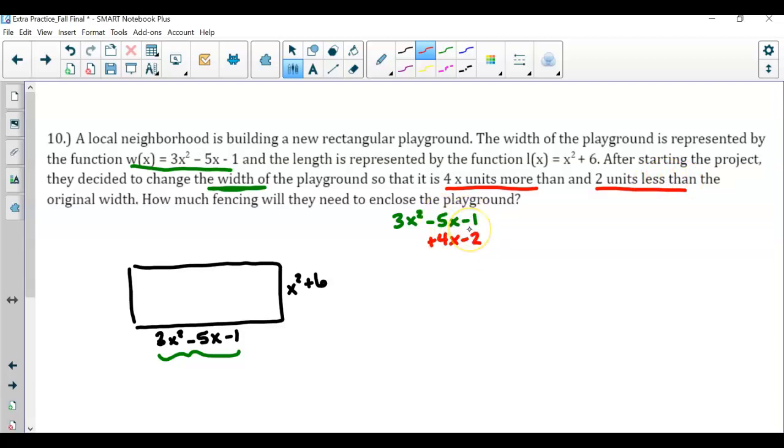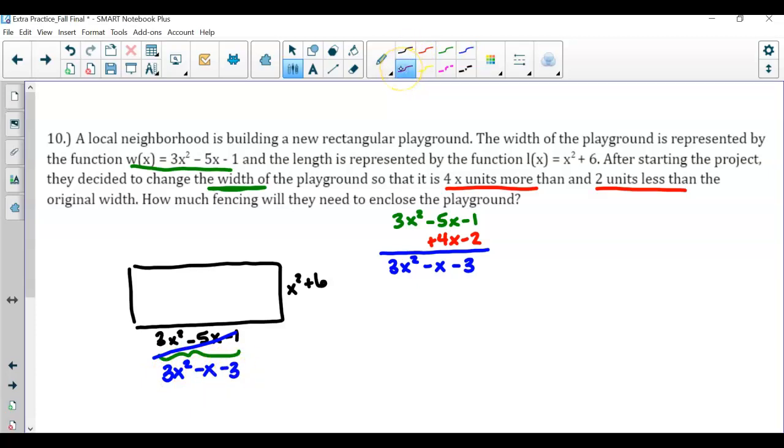Notice how I combined like terms from the original width, which means now the new width is still 3x squared, but now minus 1x or minus x minus 3. I'm going to go ahead now and replace this width with the new one that they changed, which is now 3x squared minus x minus 3.